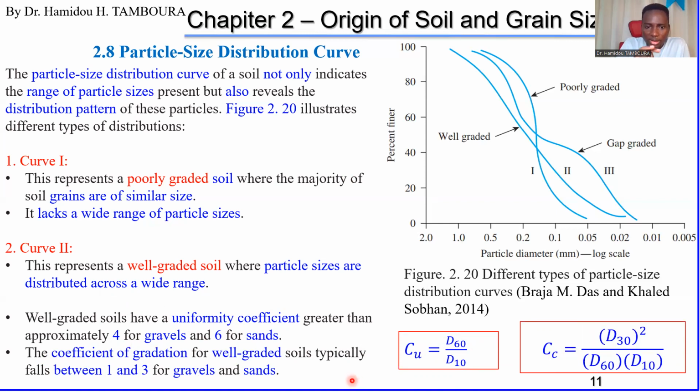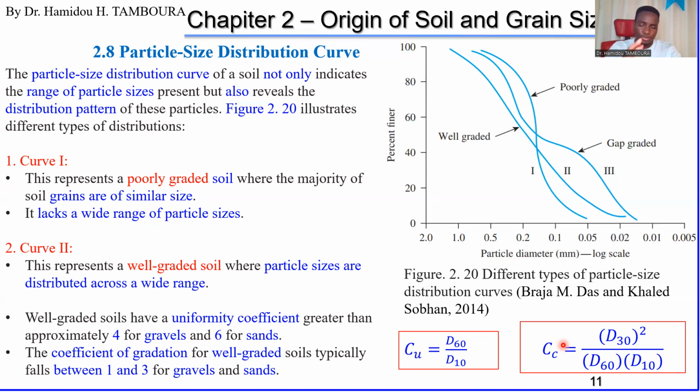For well-graded soil, it typically falls between 1 and 3 for gravel and sand. That means you can combine these two, the uniformity coefficient and this coefficient of gradation. You can combine the two and tell if your sand or your gravel is well graded.